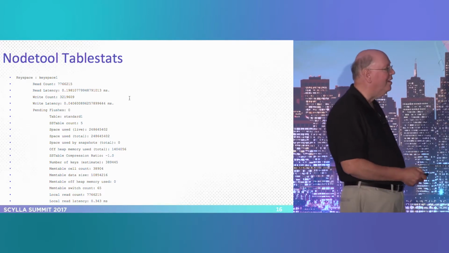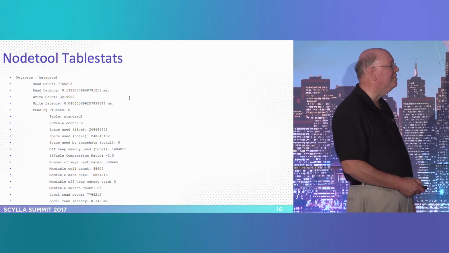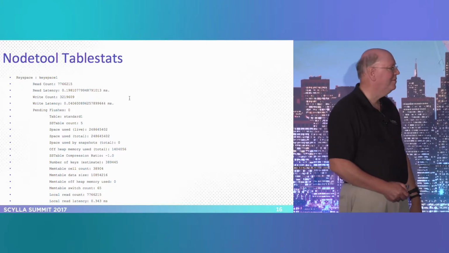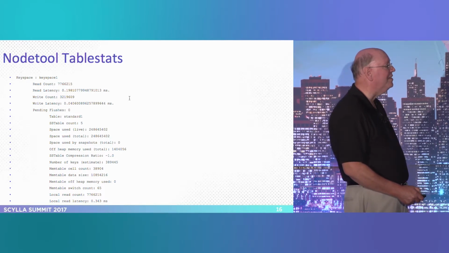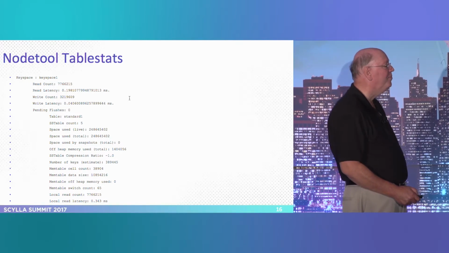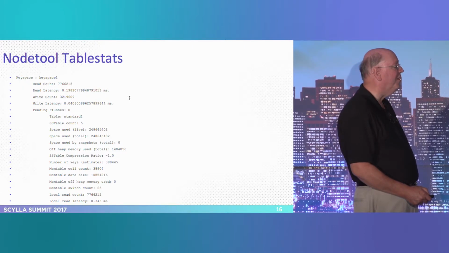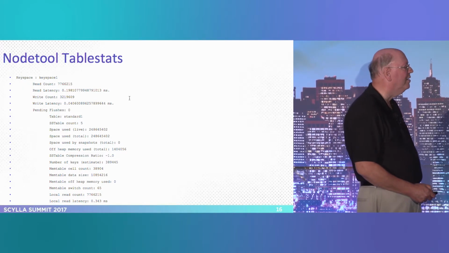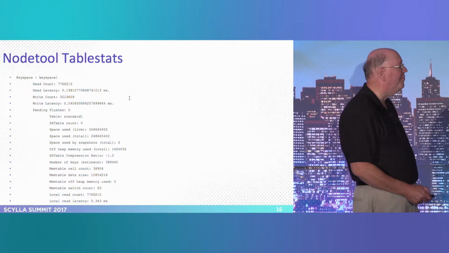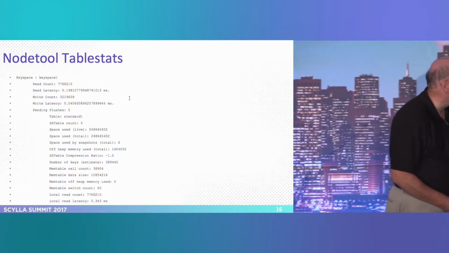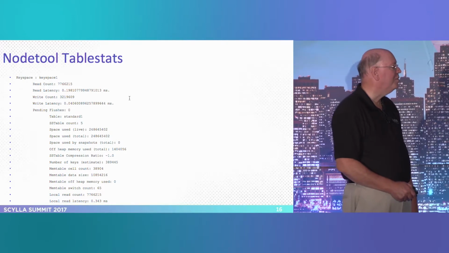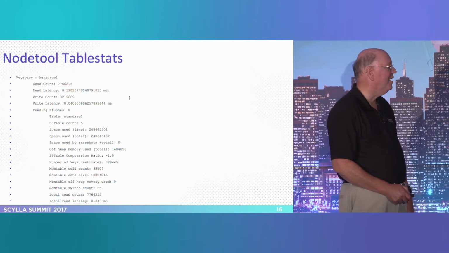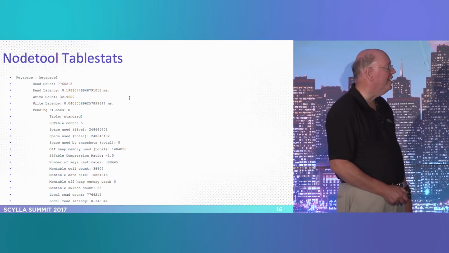But in most use cases, this is going to be different on each node. Memtable cell count, that gives you an idea how many cells there are in the memtable itself, not in the whole thing. Memtable off heap memory used, 0 here, okay. Switch count, 65, that's basically how many times it got dumped. Local read count, local read latency.